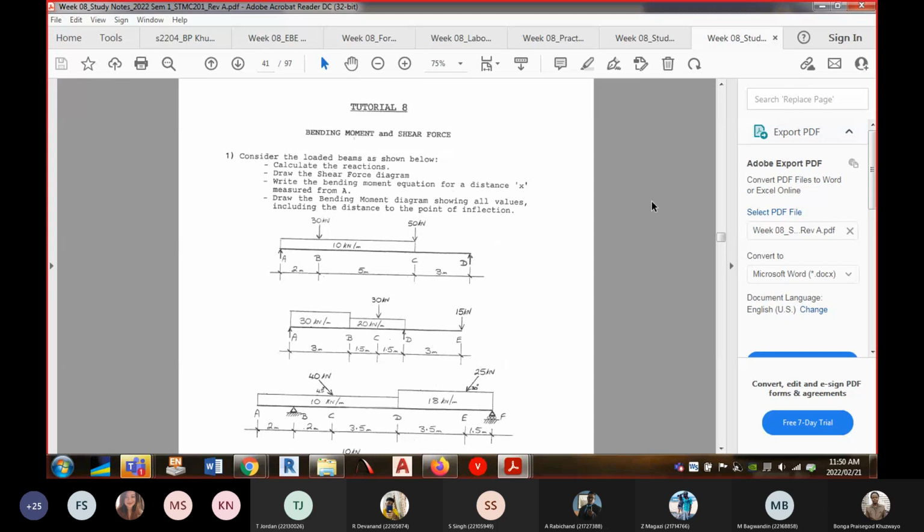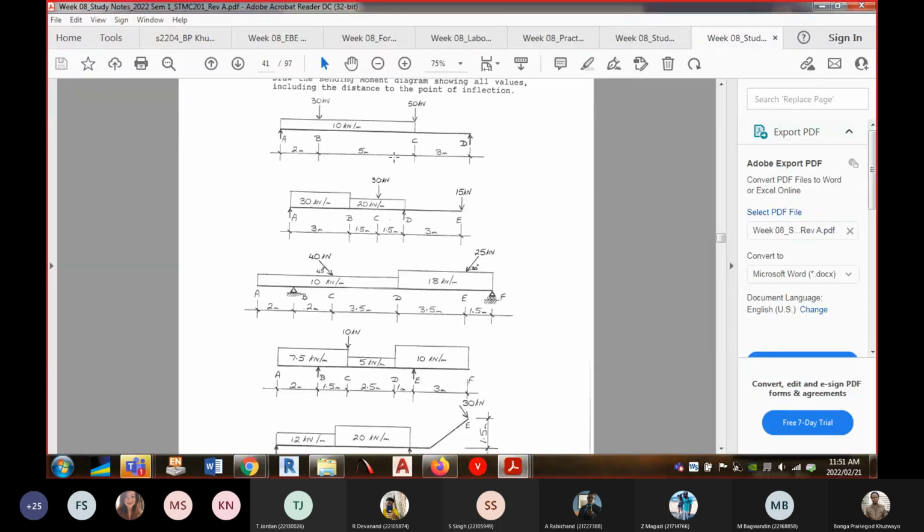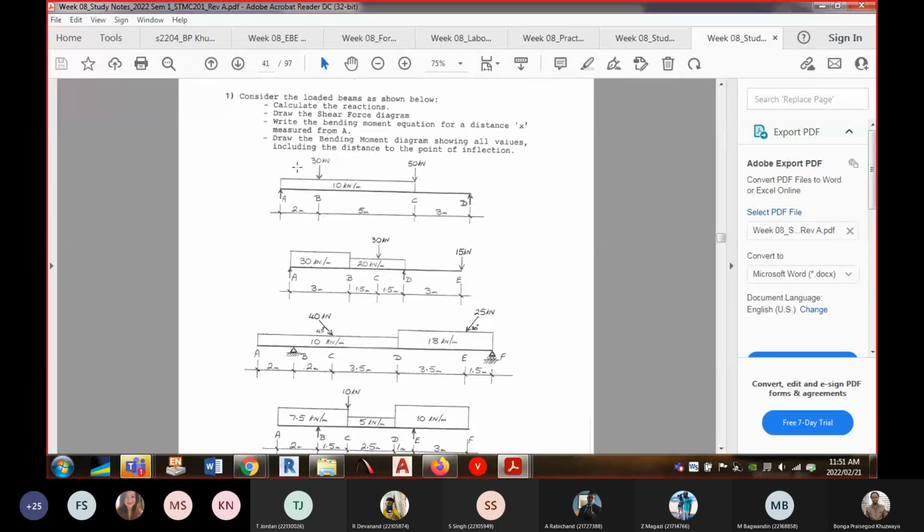do. What I asked you is just calculate these reactions at the support for all 5 problems: 1, 2, 3, 4, 5. Only support reactions, and make sure you check them. You write all your workings on a piece of paper, and then you scan, and then you upload that on MS Teams, not on Moodle, on MS Teams.